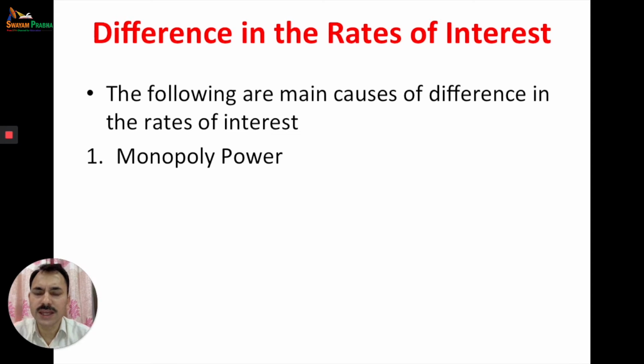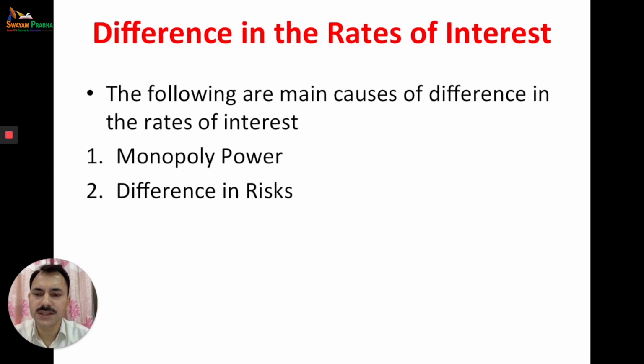He behaves like a price maker. He can have full control over the market situation, and he can discriminate the prices of money or anything. So that's why there is a difference in the rates of interest.